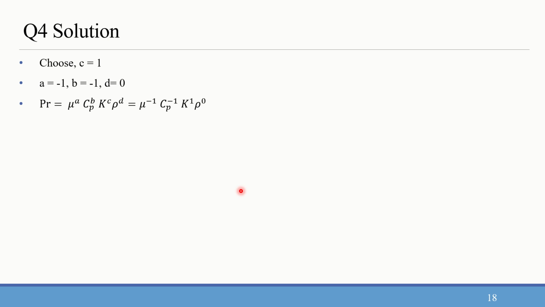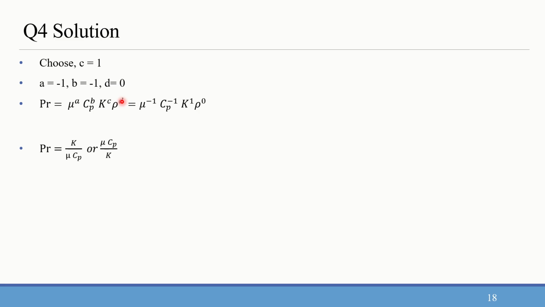So after getting that, what we are going to do, we are going to substitute it back in the equation. Prandtl number is equal to mu to the power of A, Cp to the power of B, K to the power of C and rho to the power of D. And we are substituting everything back. Mu to the power of minus 1, Cp to the power of minus 1, K to the power of 1, rho to the power of 0.